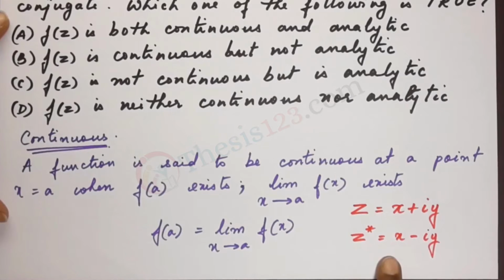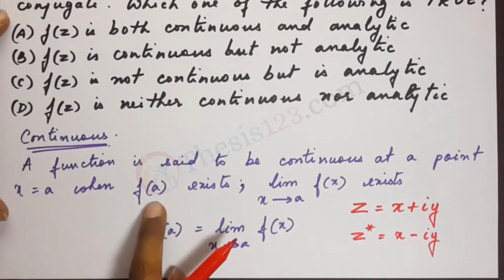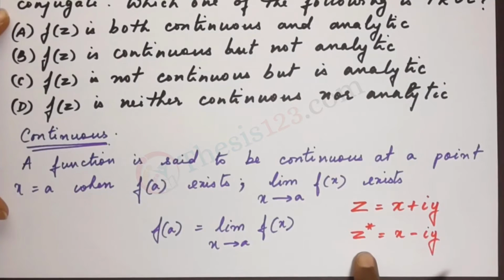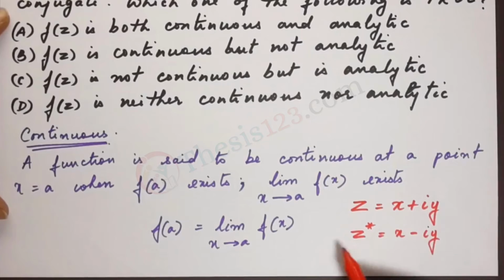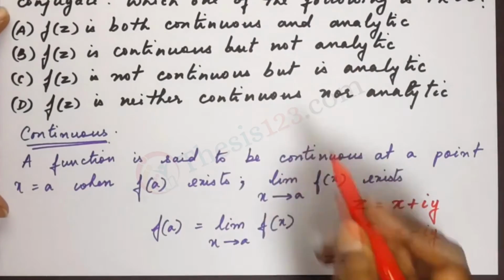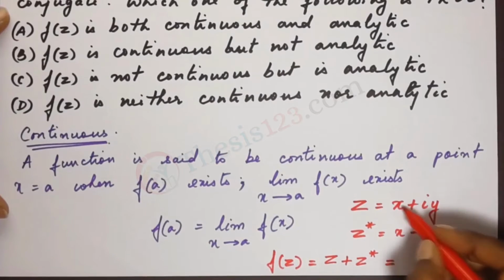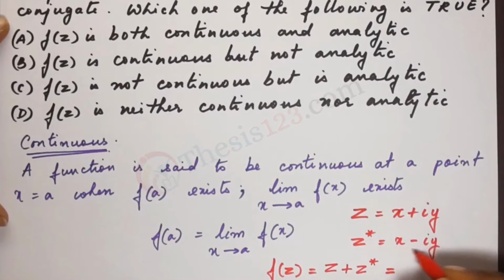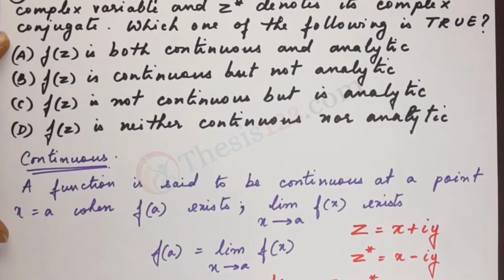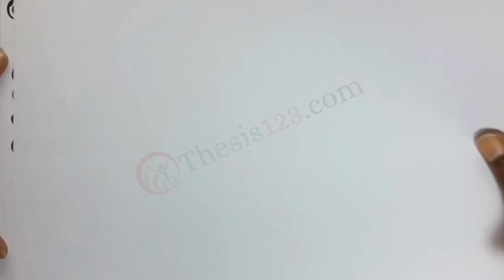Now let's take a certain point a. At x is equal to a, we see that f of a definitely exists for both of these terms. If we add them both, z plus z conjugate, since that is our function f of z, we get x plus iy plus x minus iy, which is 2x. Let me just take another sheet of paper and we'll continue here.